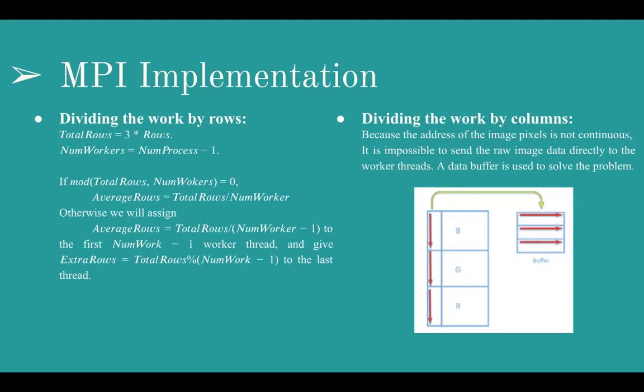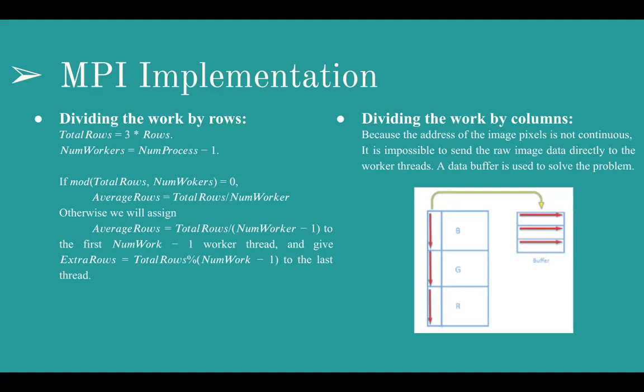When we divide the work for worker threads, we need to pay attention to the difference between rows and columns. For rows, we know there are 3 color channels, and the color image data has 3 channels laid out one after another.